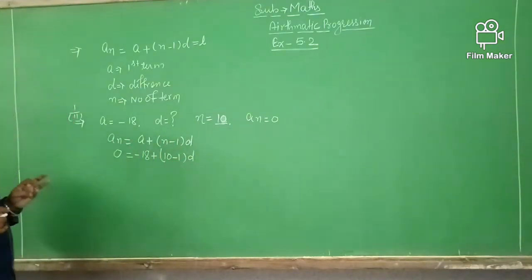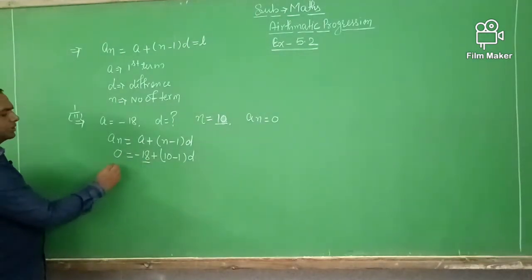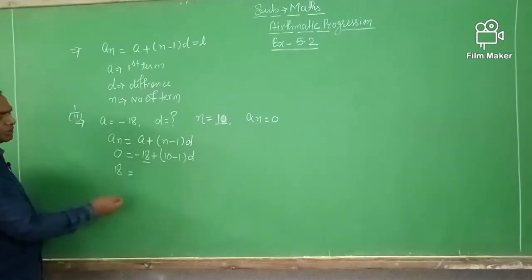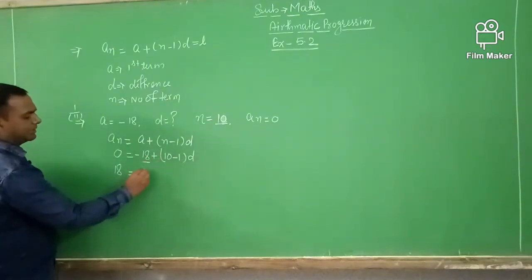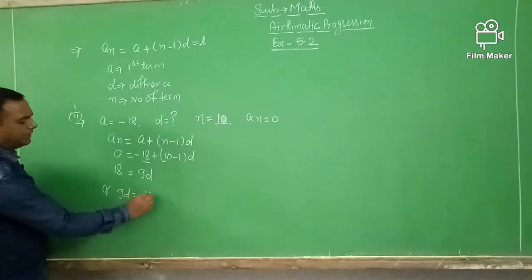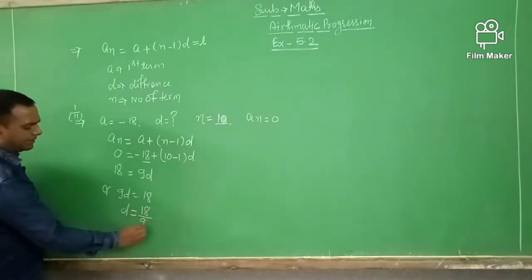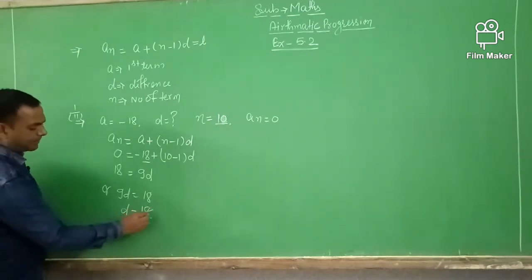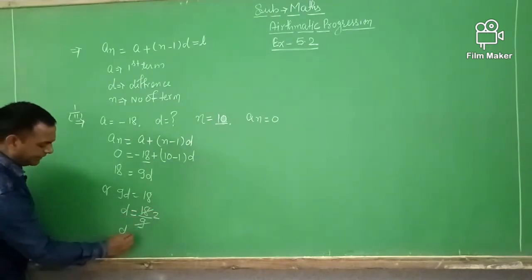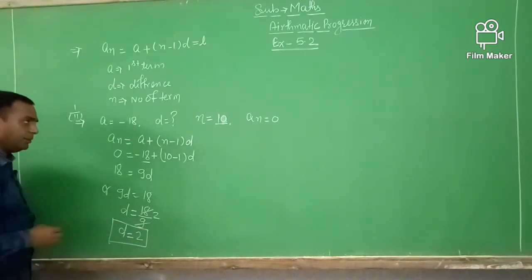Find the value of d. You transfer the 18, so it becomes positive on the other side, and 10 minus 1 is 9, so 9d is equal to 18. So d is equal to 18 by 9, and 9 twos are 18, so d is equal to 2.